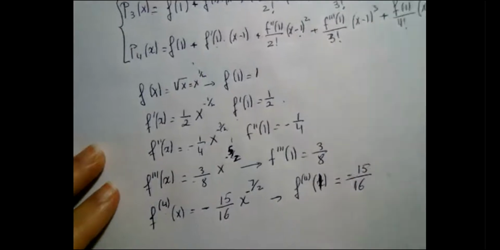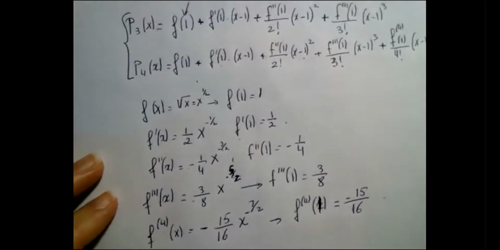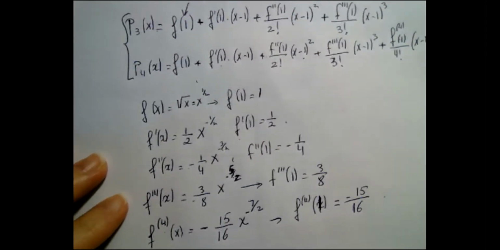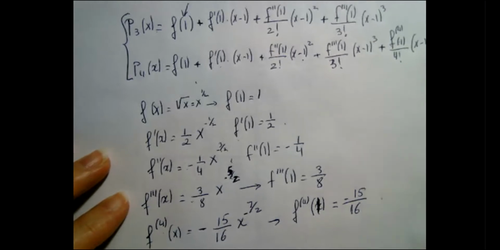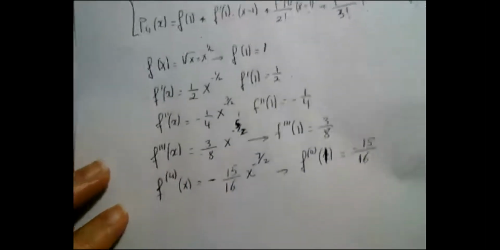Now we evaluate the pieces. Now I'm going to write up my polynomial. What's P3 and what's P4? Okay, all right, so that's P3.